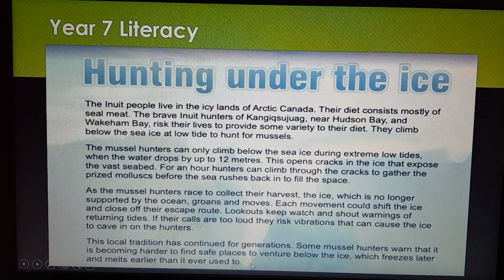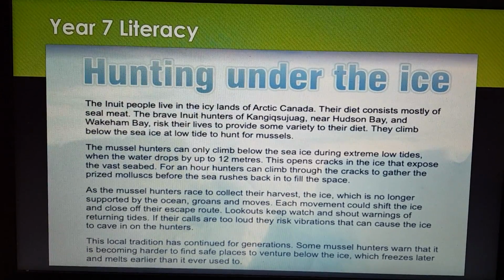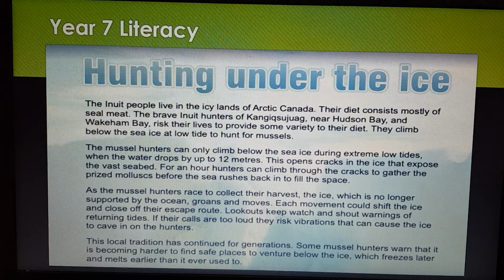So there we go, this is the text. Now you need to think about what the text is about. Clarify any new words, which is going to be a little bit difficult because we're not in the same room. Discuss the purpose of the text. Then you're going to move on to the questions.